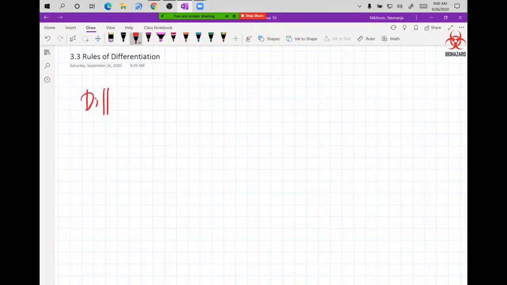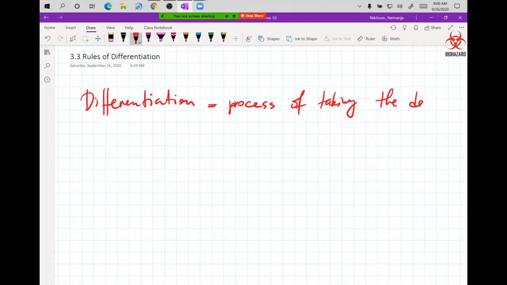Let's write it down. The derivative changes the function.